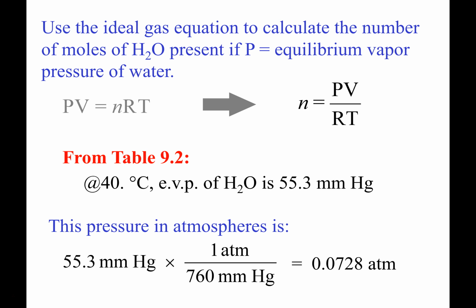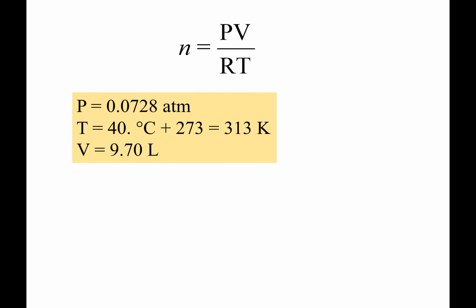So that's pressure. I know volume. I know R. Now, temperature, I have to fix my 40. To fix my temperature of 40, I add 273. That gives me 313 Kelvin. So now I'm ready to plug in.